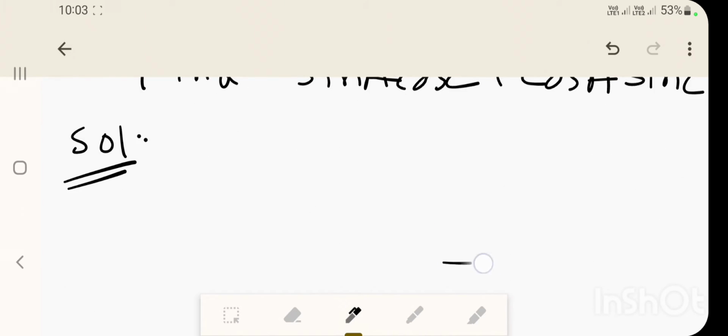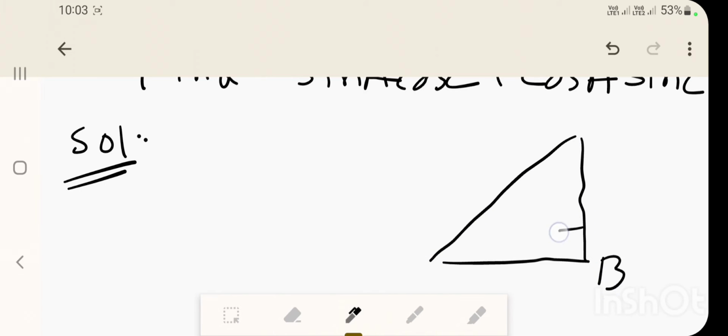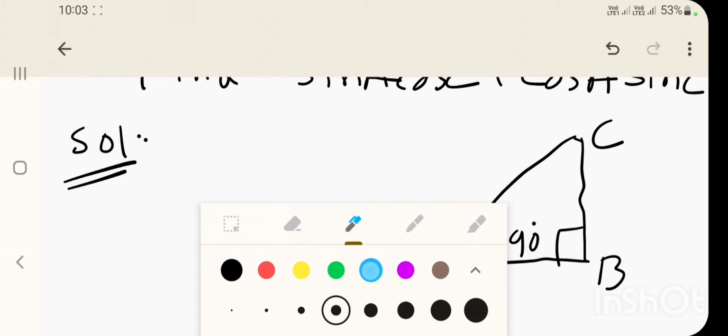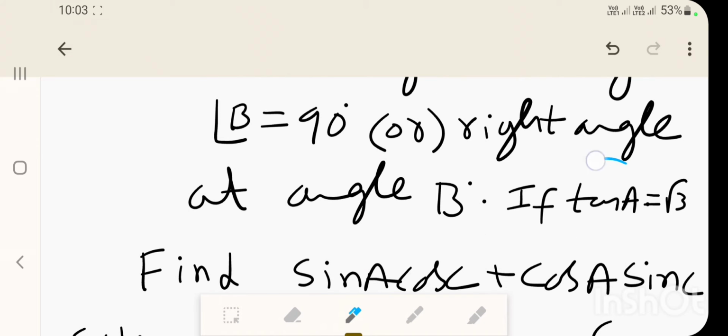So first we'll draw the triangle here, right angle triangle, with angle B they have mentioned it as 90 degrees. Okay, remaining two vertices we can take as A and C. Now what they have given in the problem is tan A is root 3.